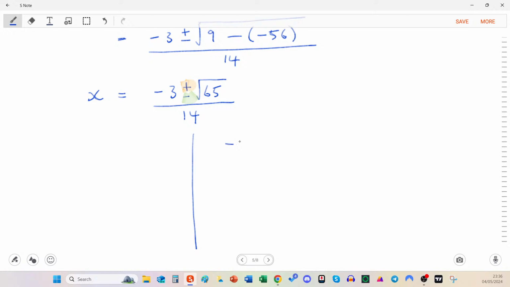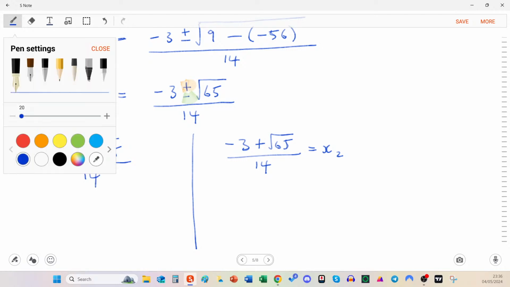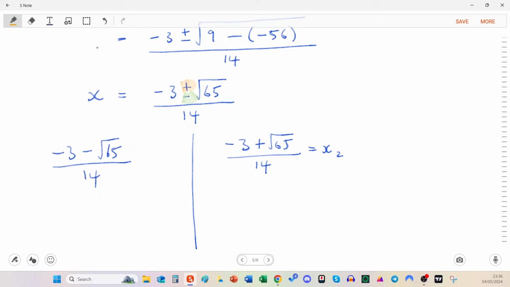One where we have negative 3 plus square root 65 all over 14. And we'll call this x2, because I started on the right hand side for some reason. And one where we have negative 3, take away root 65 over 14. Okay, and for thoroughness, I'm going to be colouring this in.